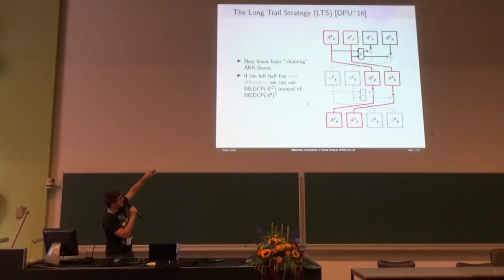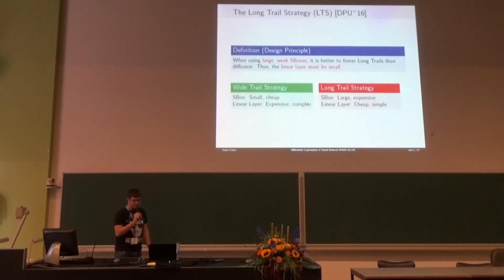And what they say is, if there is no additional difference coming from here, then they force some long trails, and so they can bound the probability of these trails, so they don't have to compute it for 12, they can do it with 34 to the power.